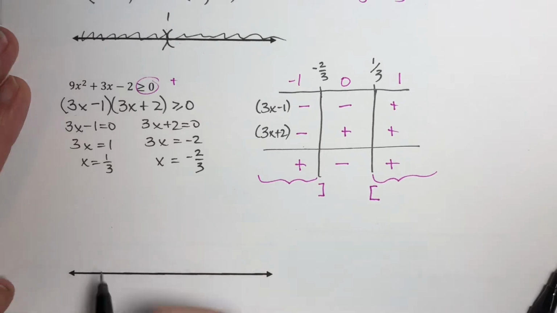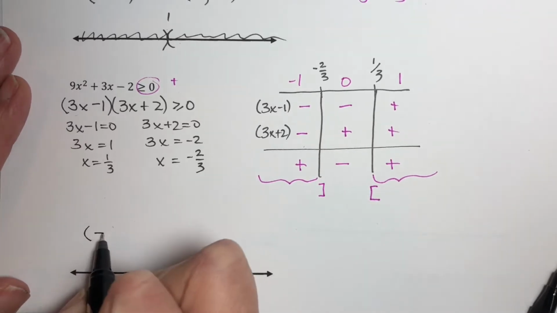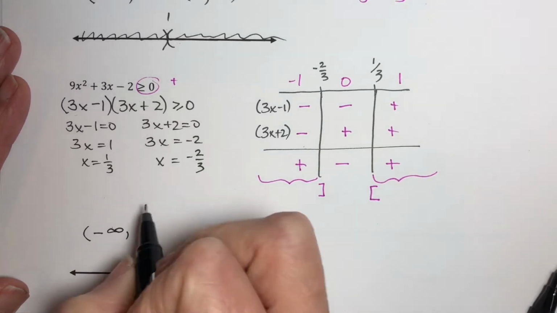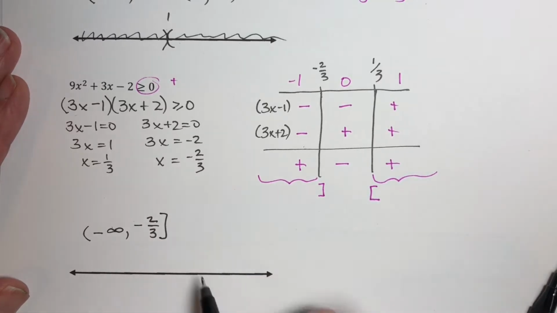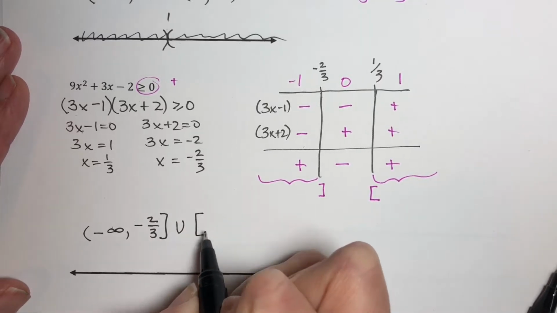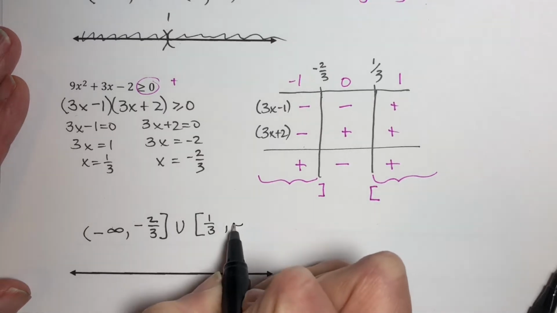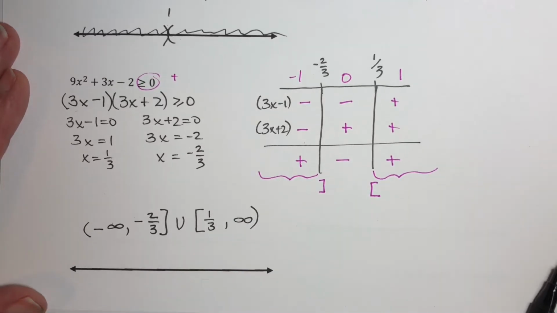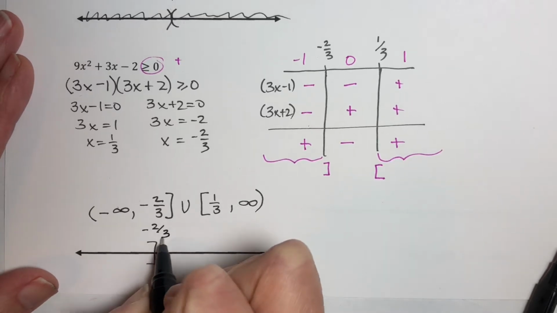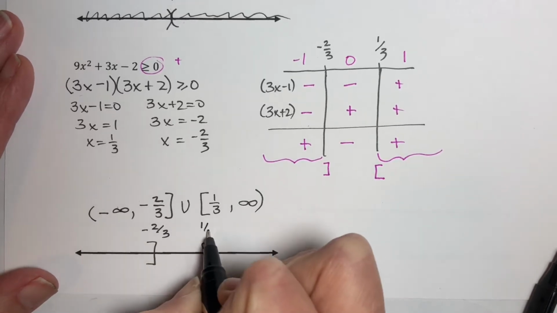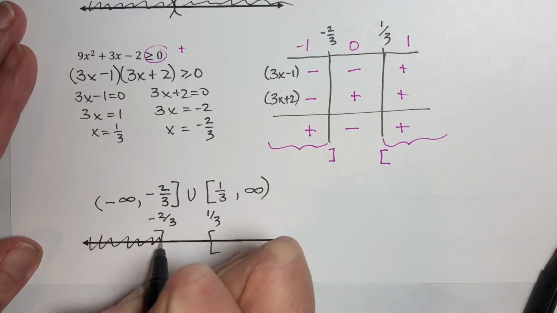So my answer in interval notation would be negative infinity up to negative 2/3 with a bracket, union a bracket 1/3 to infinity. And then your graph of your answer would look like this.